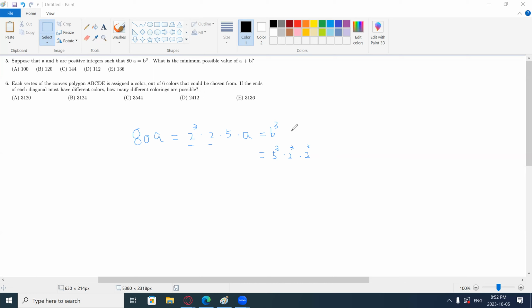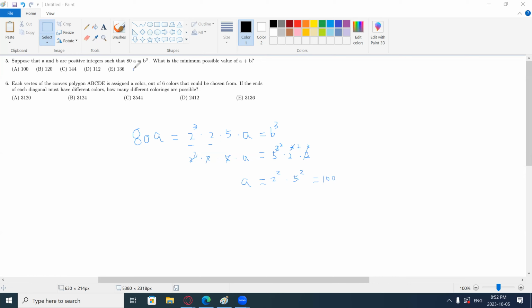And now we can just simplify each side of the equation. We can simplify by dividing 80 on both sides, so this will cancel out with this. And we can figure out that a is equal to 2 squared times 5 squared, and this is equal to 100.